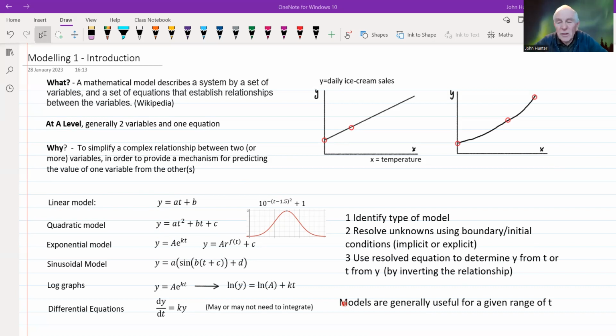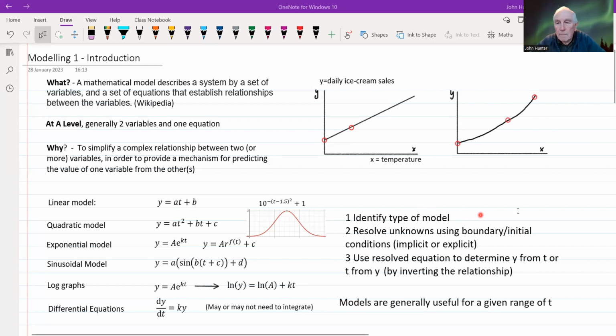They run out of food. There are reasons like that. So they work well within an interval, but if we take the independent variable too high or too low, then they get less and less accurate.